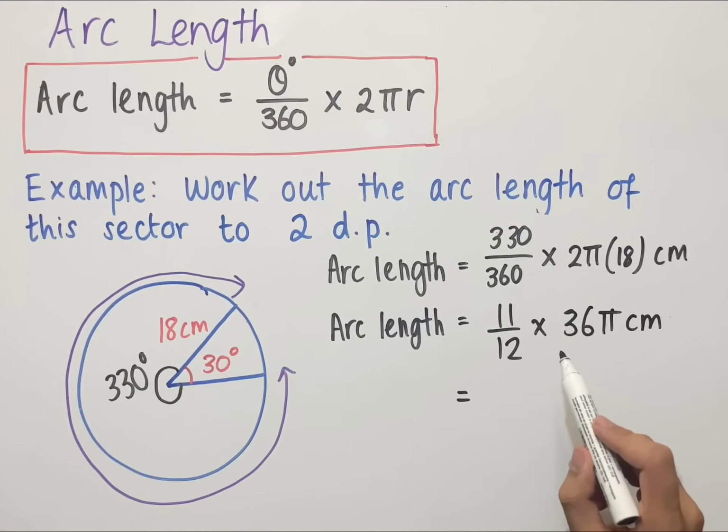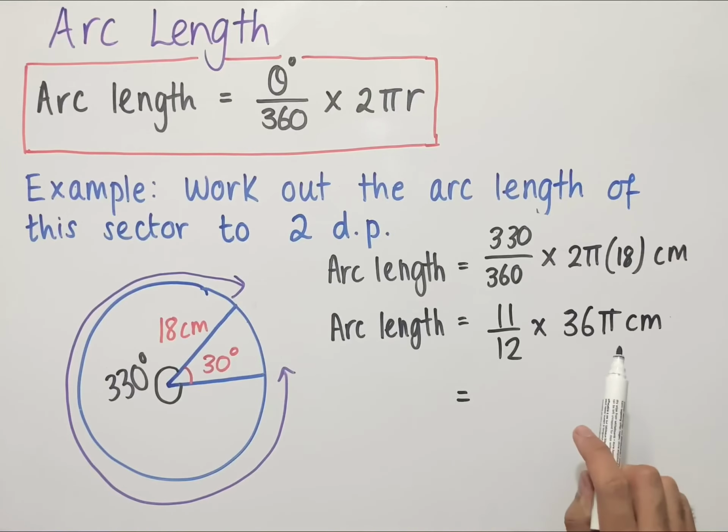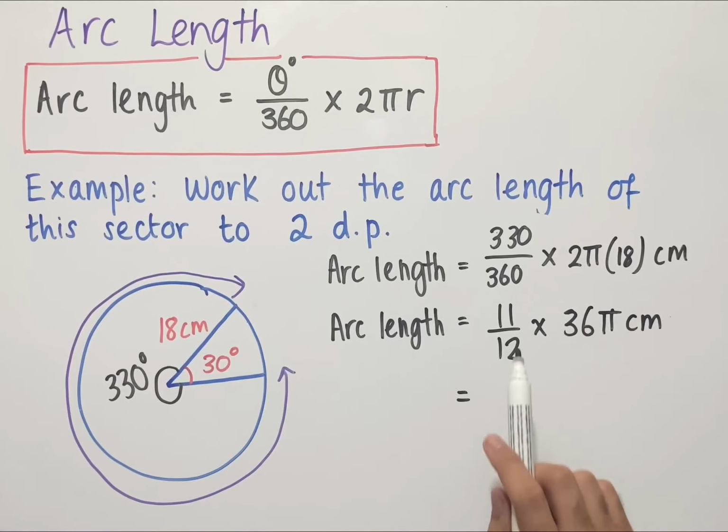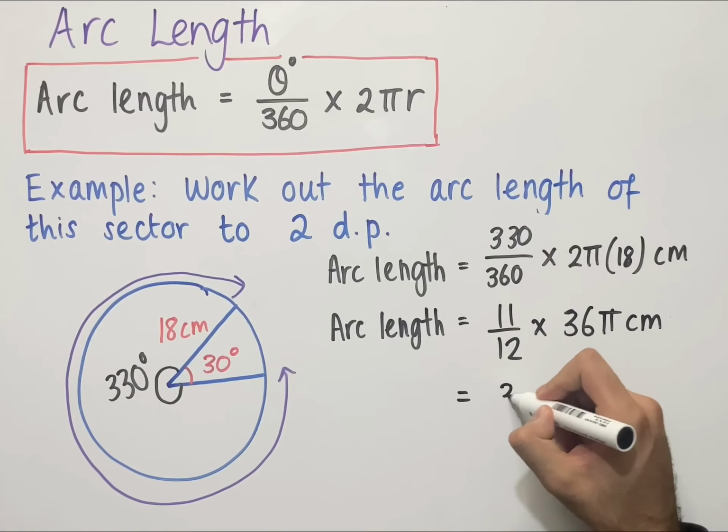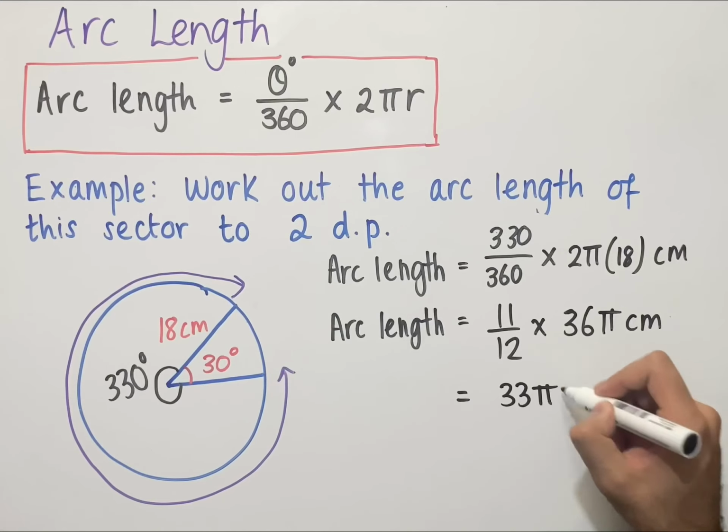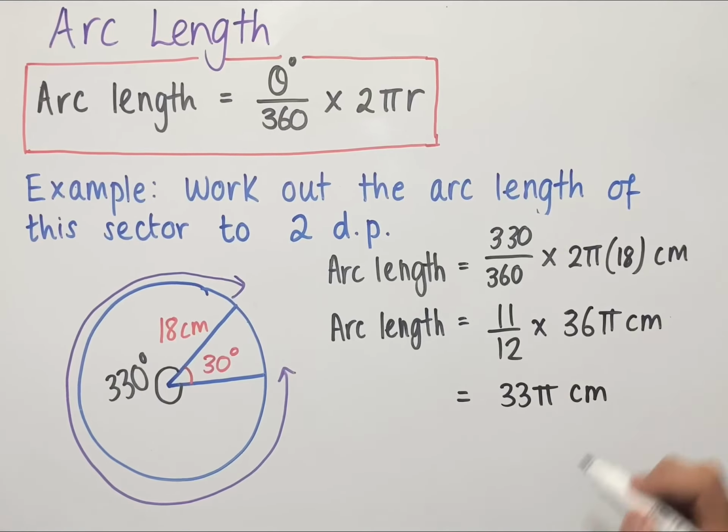So 11 over 12 times 36 pi, we could write as 11 times 36 pi all over 12, which simplifies to 11 times 3 pi, and 11 times 3 pi gives us 33 pi. So we have 33 pi centimeters.